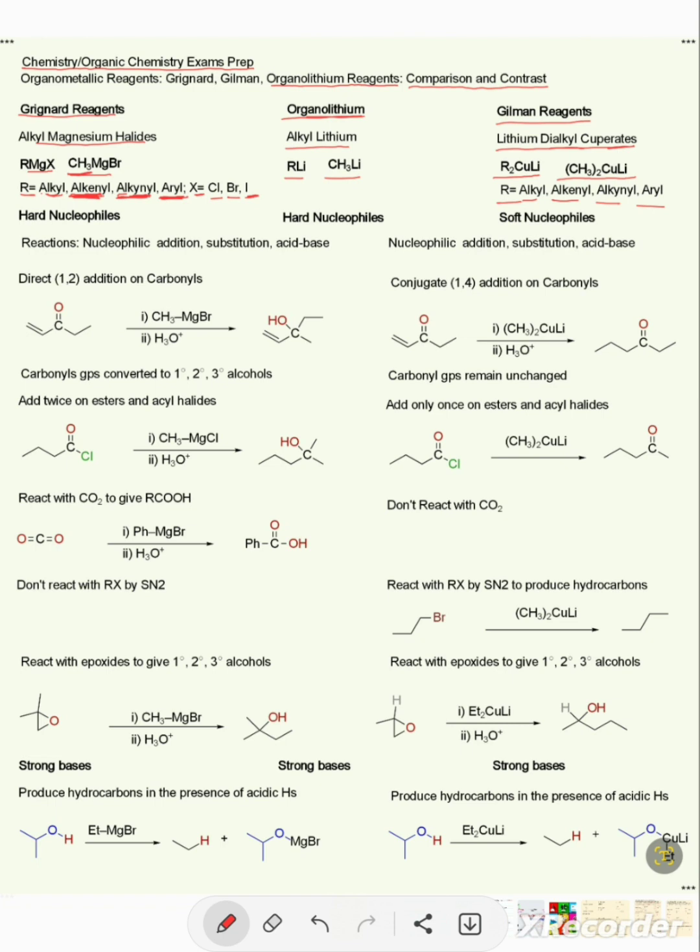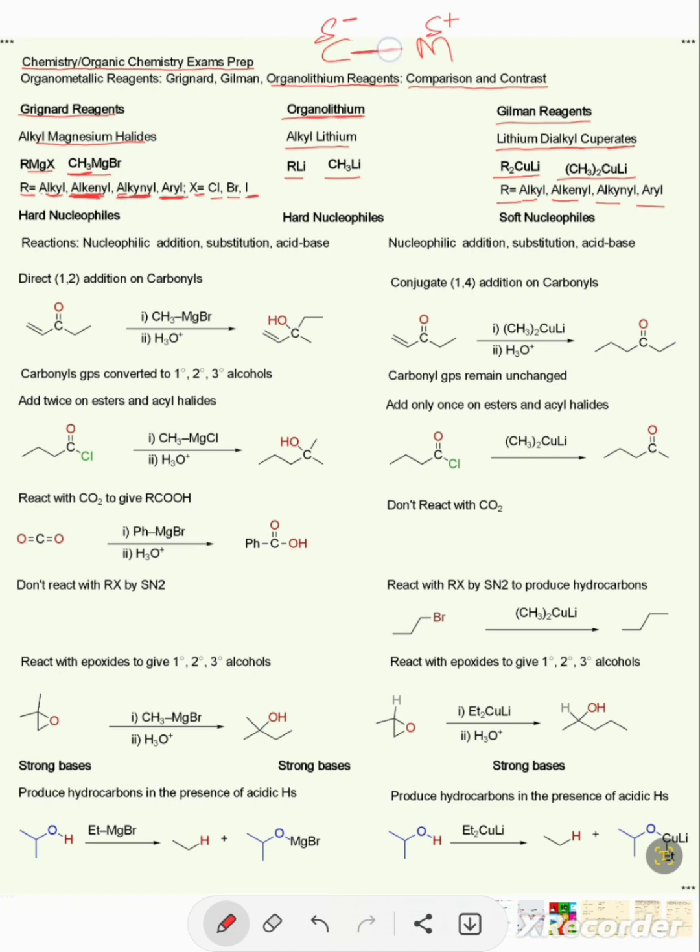Now, if we see their nature, we know that the carbon-metal bond is very polar in all of these organometallic compounds, because the metals are more electropositive, so they could be thought of as having a partial positive charge and carbon a partial negative charge.